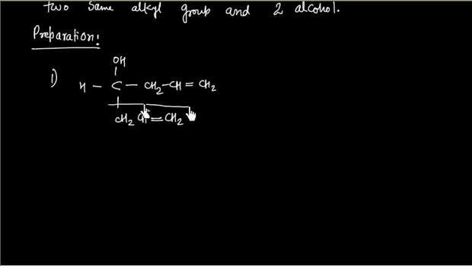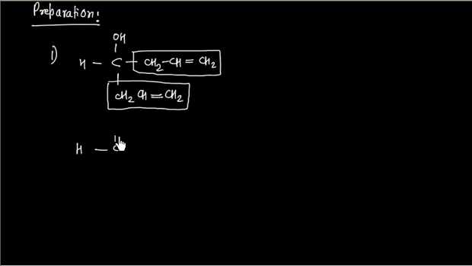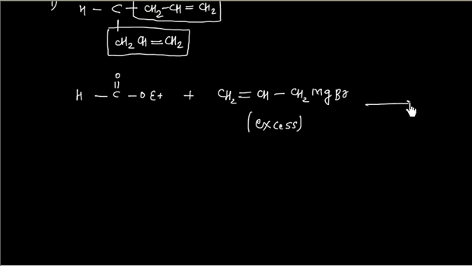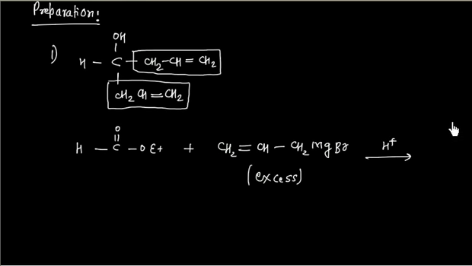This time I have to take the Grignard reagent of this, because these two groups are identical. And we can take ethyl formate, HCOOEt, and if I take the Grignard reagent of this, that is CH2=CH-CH2MgBr, we have to take this in excess, at least 2 equivalents, because 2 equivalents are added, and further acidification will give this desired product, that is 1.